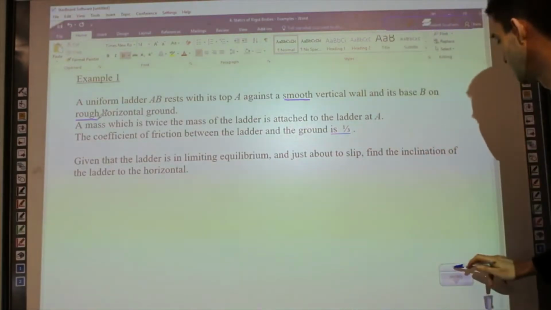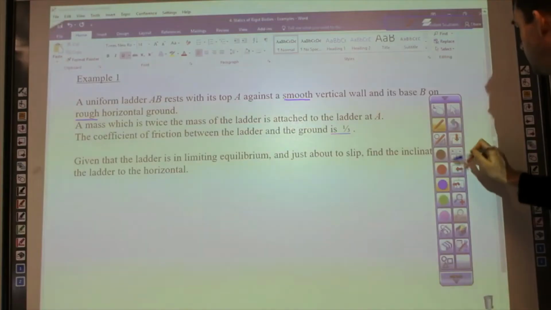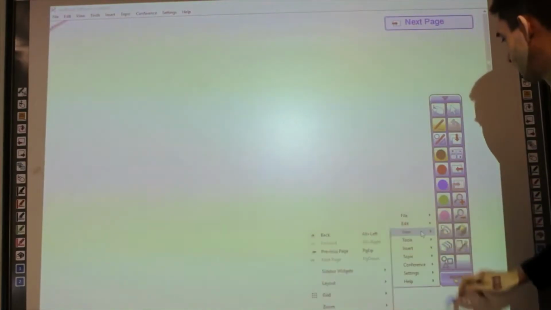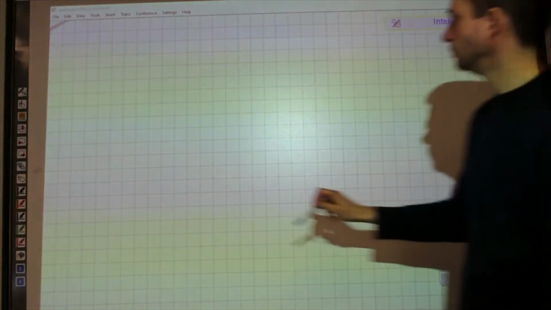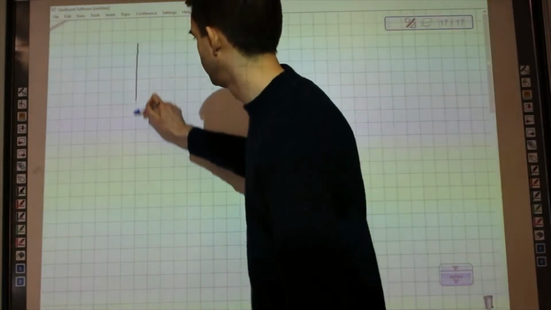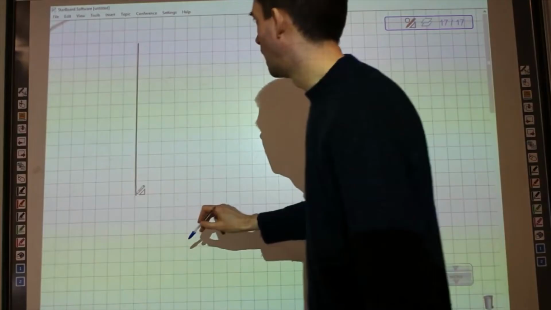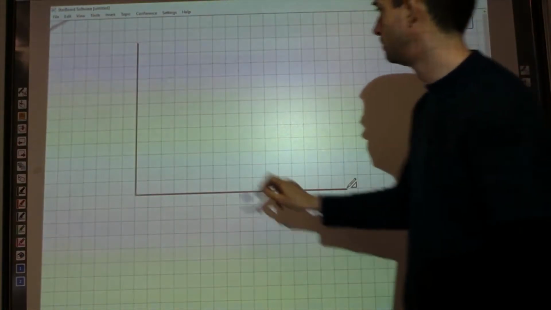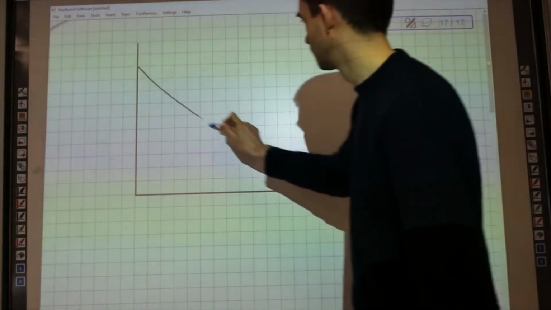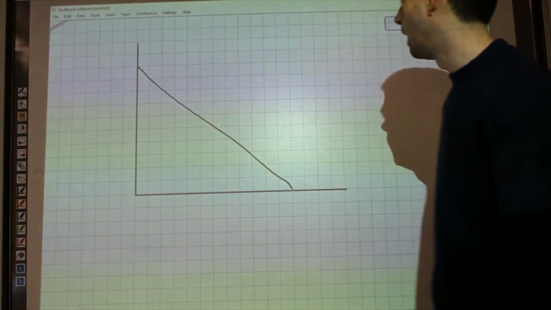Right, let's put this into a diagram so that we can work out what's going on. So, we have a smooth wall and we have a rough floor, and then we have a ladder.